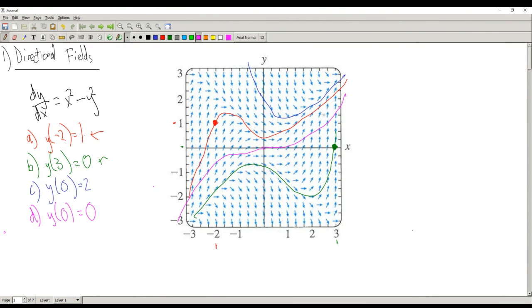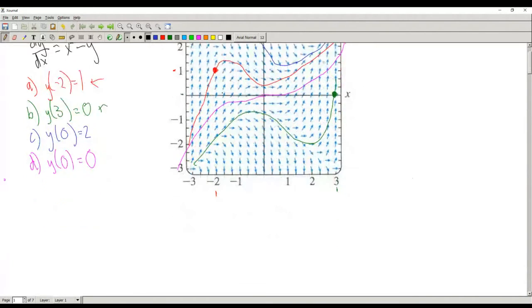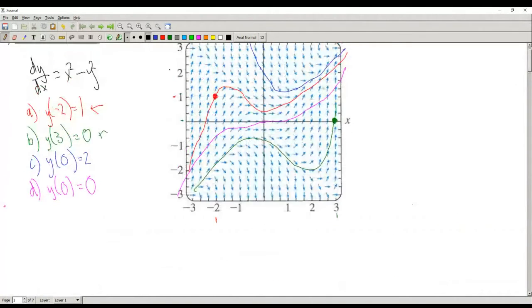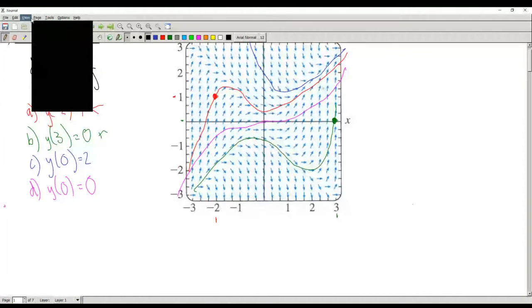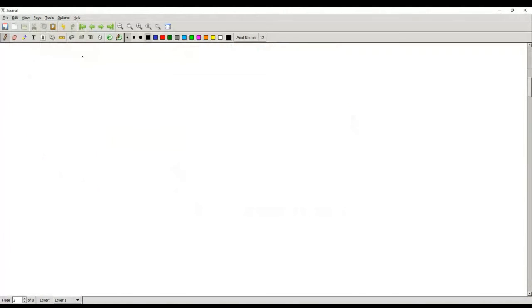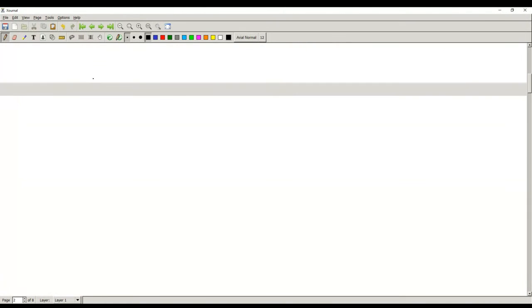Now, I'm going to go over this, and I'm sure Dr. Vazaya will go over it as well with you guys. Let me go to a clean sheet. New page.